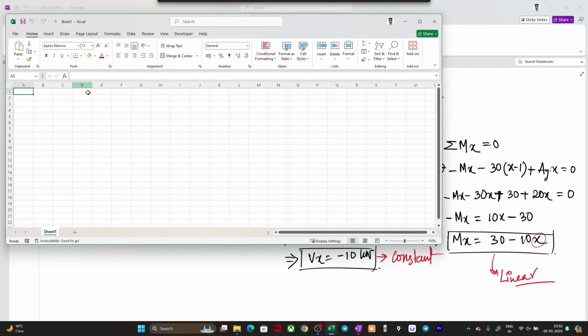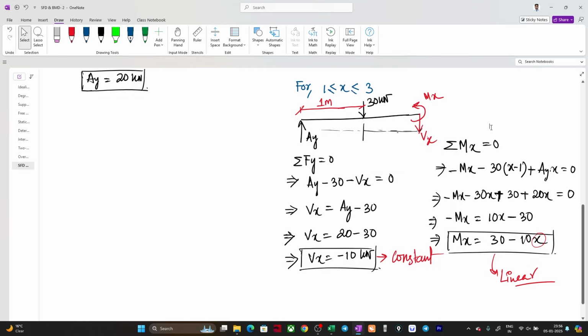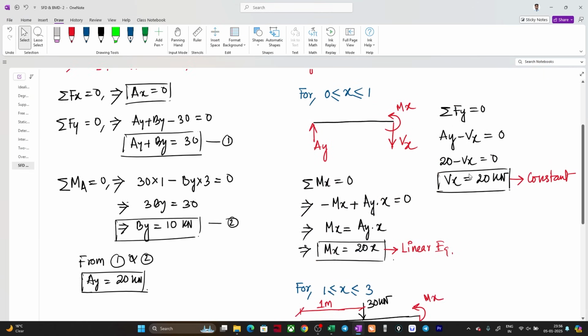We have the beam starting from 0, and I will take every 0.25 interval, so plus 0.25, right? We have a beam of 3 meter, correct?